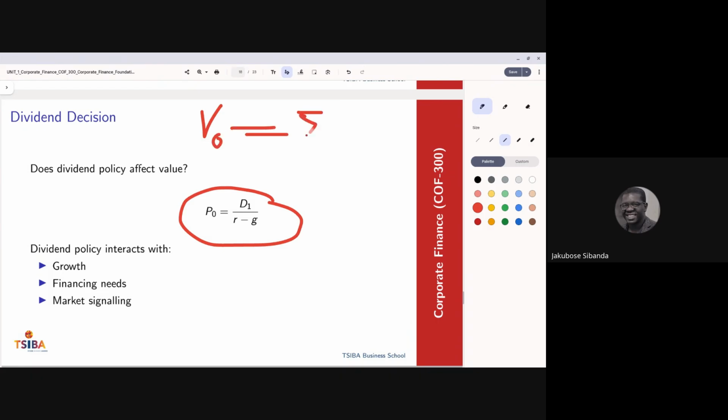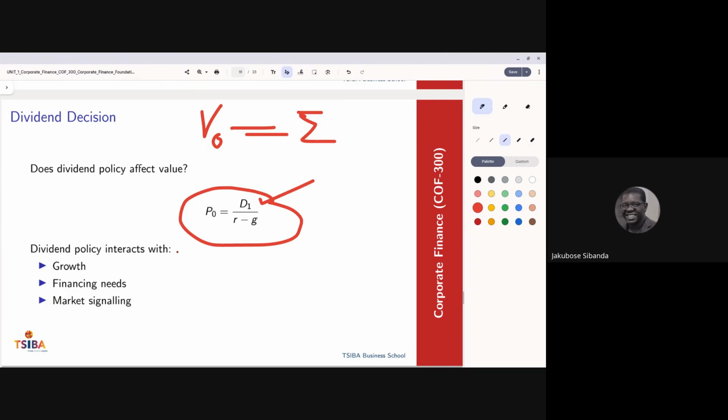If I continue adding those summations, we can create a geometric series which converges. And when it converges, you factorize all the similar components within that long addition, and it will give you D1 over R minus G. But we are going to do this when we get to the Gordon Growth Model.